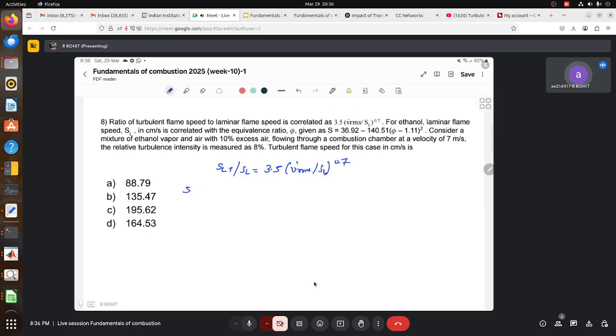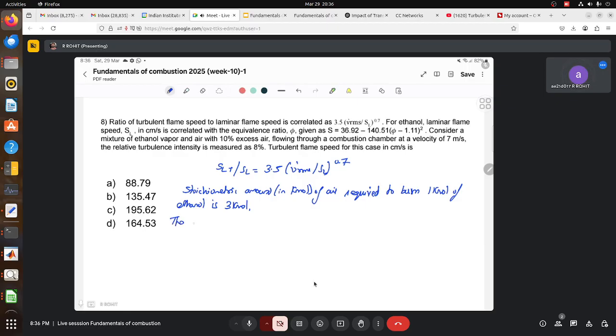Now your stoichiometric amount in kilomole of air required to burn 1 kilomole of ethanol is 3 kilomole.